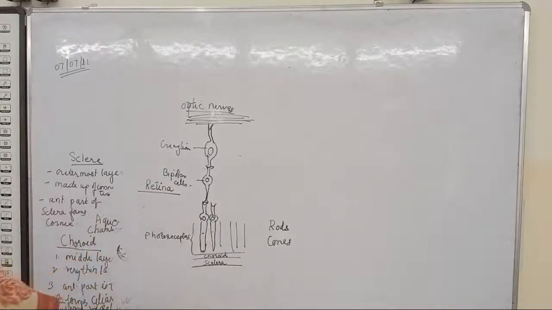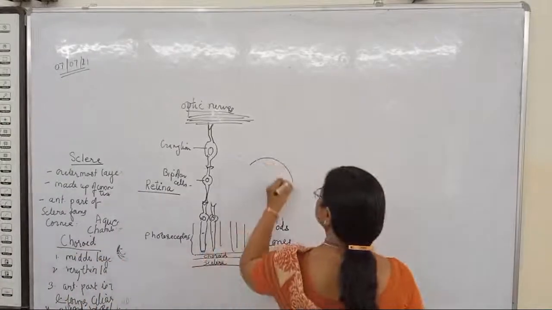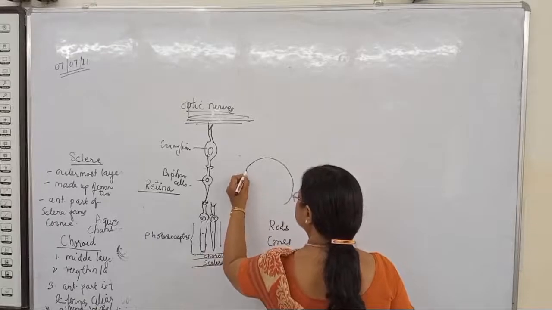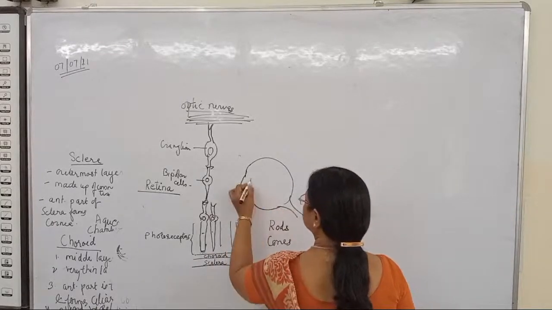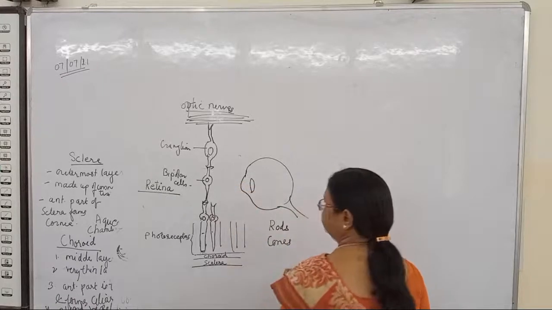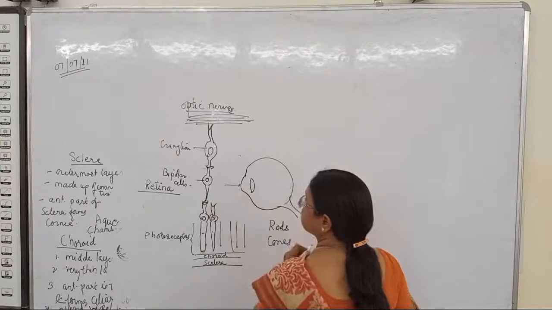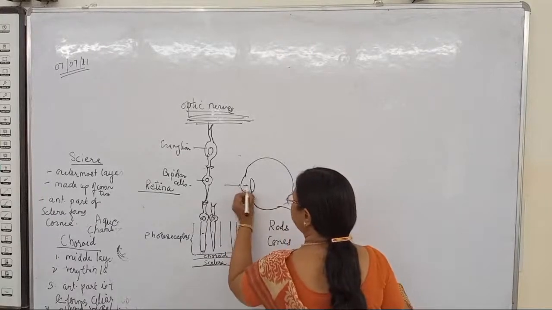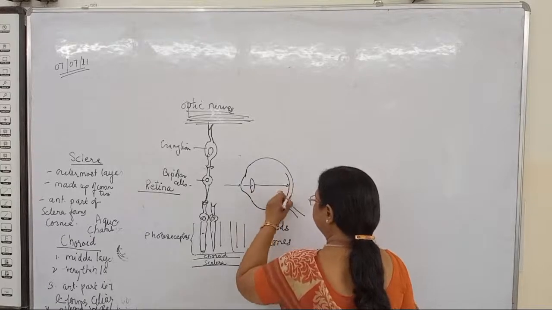Now if you see through the eye, the light comes to the cornea. Now we discuss the mechanism. Through the cornea it enters and then it reaches the retina.